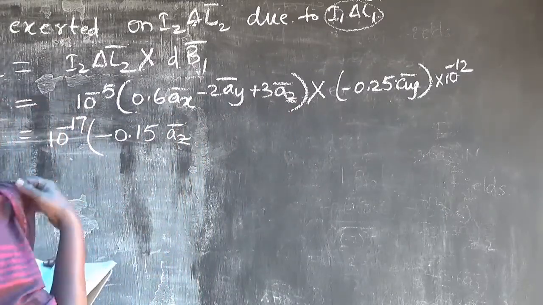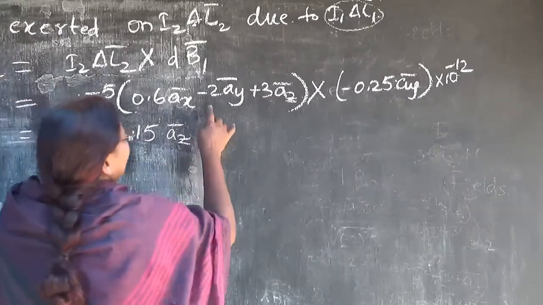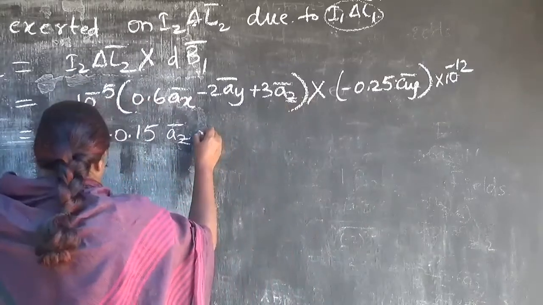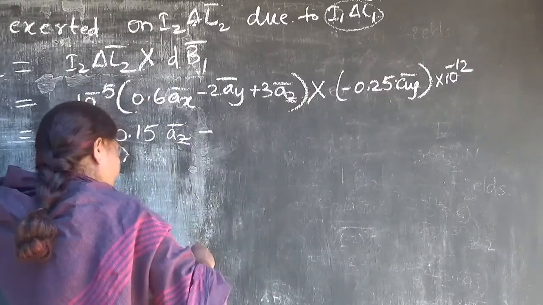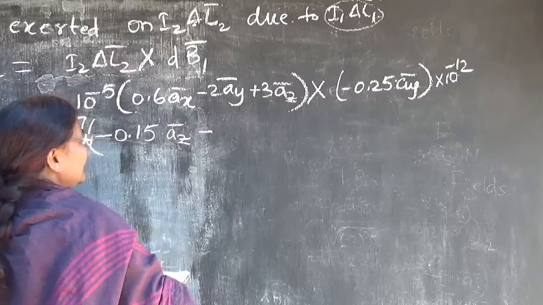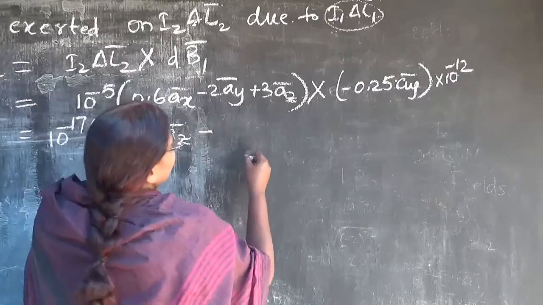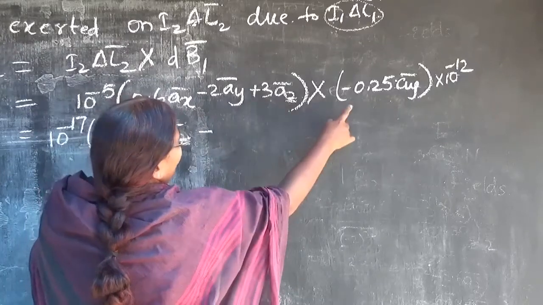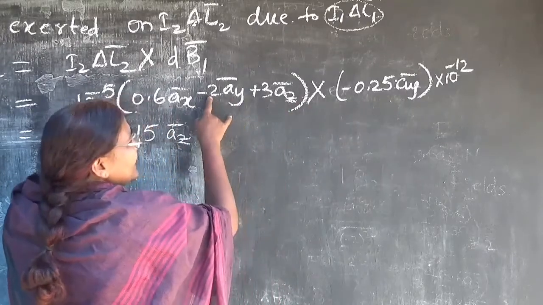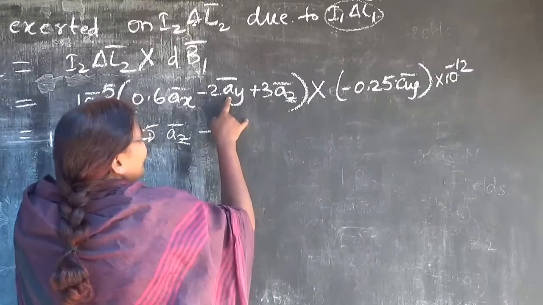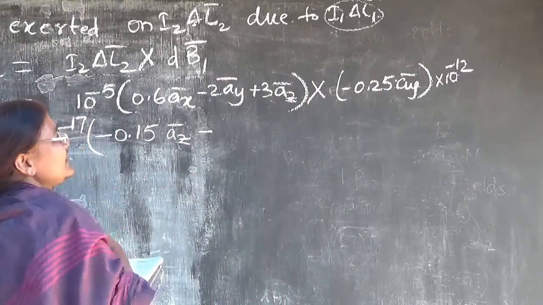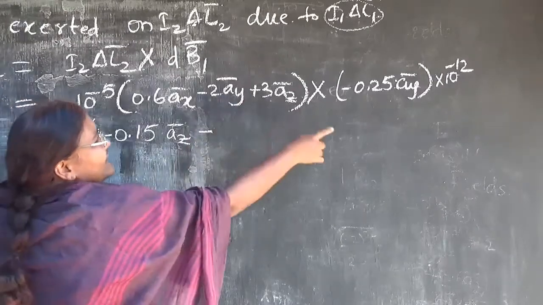Next multiplication, minus 2 into minus 0.25, which is nothing but 0.5. And here, AY bar cross AY bar, the cross multiplication of the same elements, will make it 0.